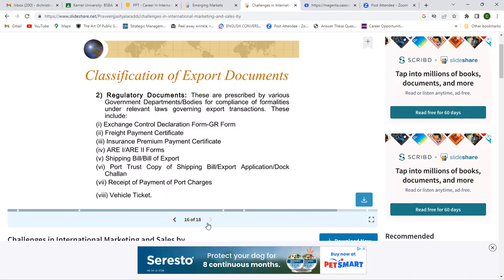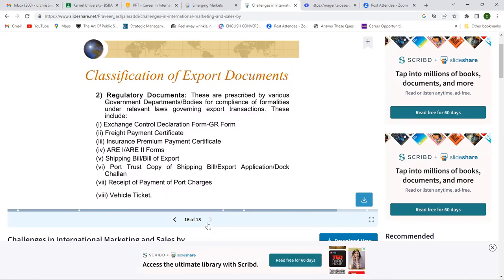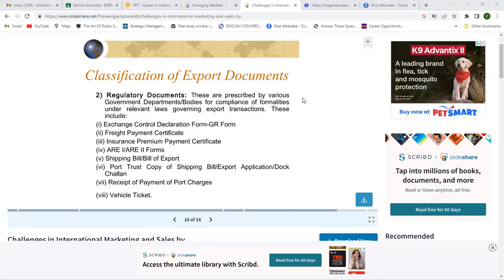These include Exchange Control Declaration Form, GR Form, Freight Payment Certificate, Insurance Premium Payment Certificate, R1 and R2 form, Shipping Bill, Bill of Export, Quadruplicate Copy of Shipping Bill, Export Application, Dock Challan, Receipt of Payment of Port Charges, Vehicle Ticket.